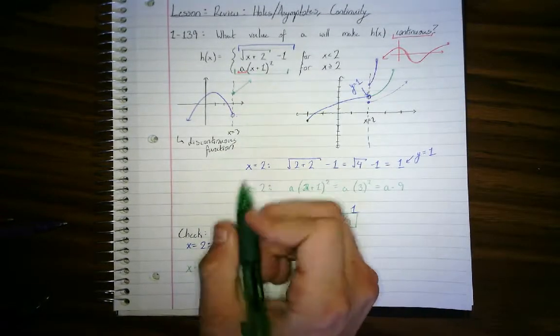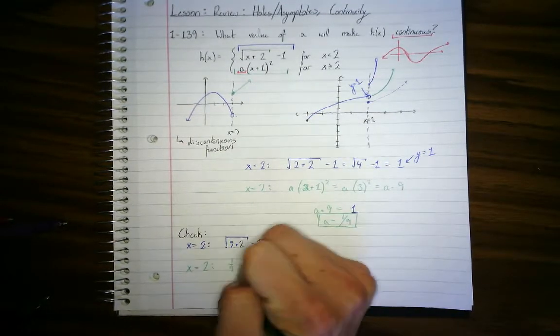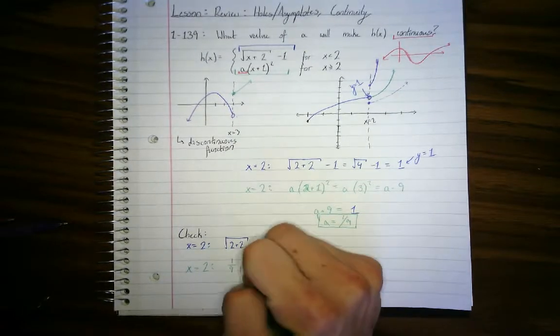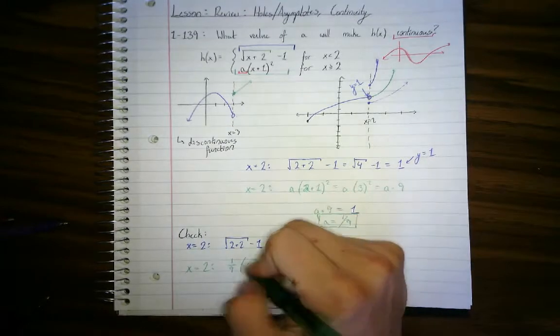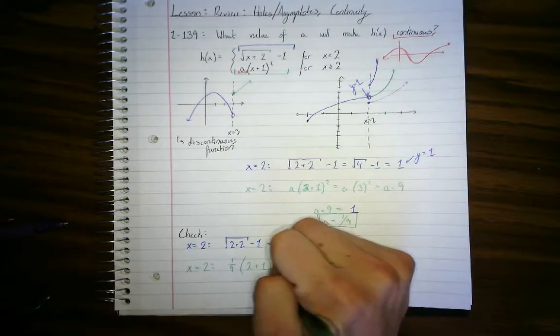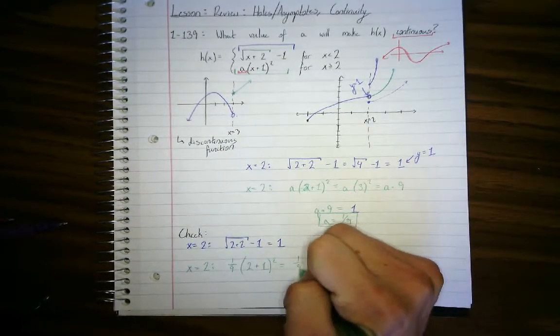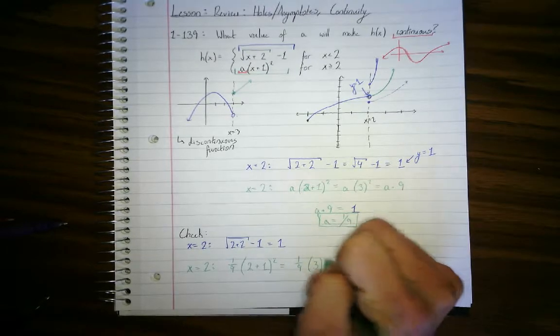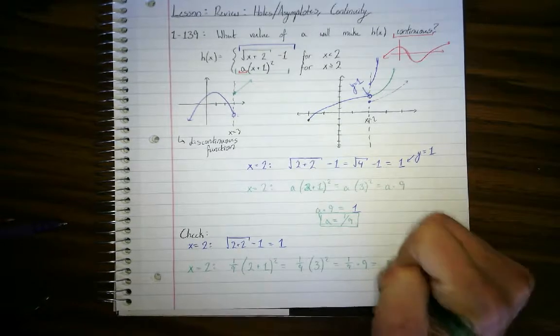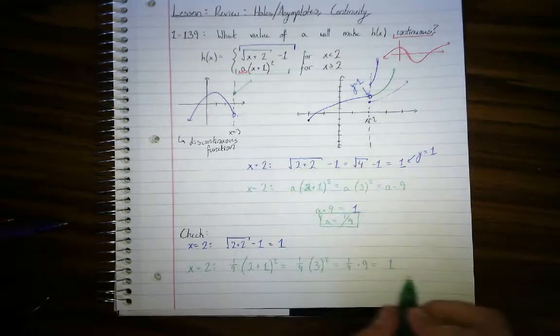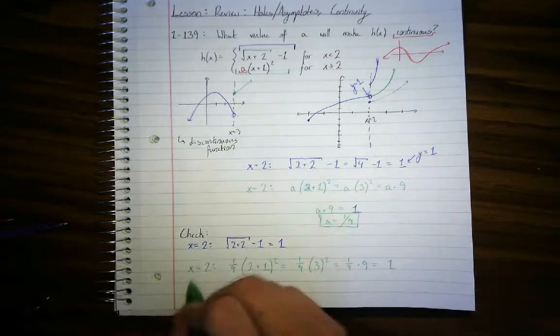We know our a is 1 over 9. We know we're looking at x equals 2, so 2 plus 1, and then we're squaring the whole thing. So hopefully this comes out to an output of 1 as well. So we have 1 over 9 times 3 squared, which is just 1 over 9 times 9. What do you know? We also get an output of 1 for both of these functions at x equals 2.